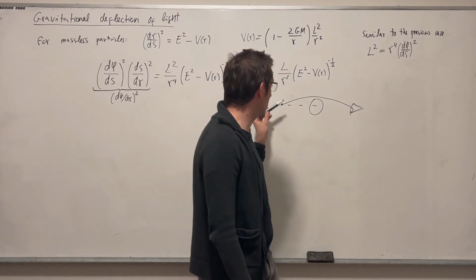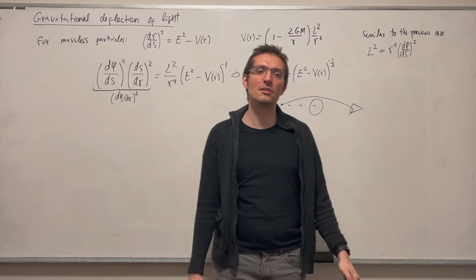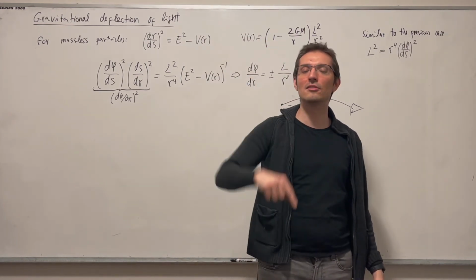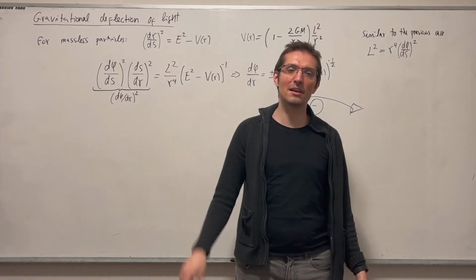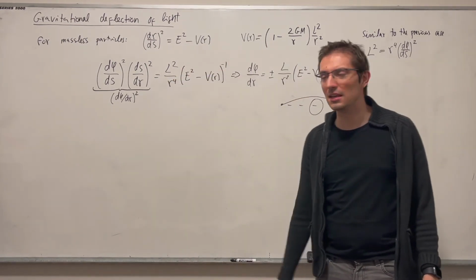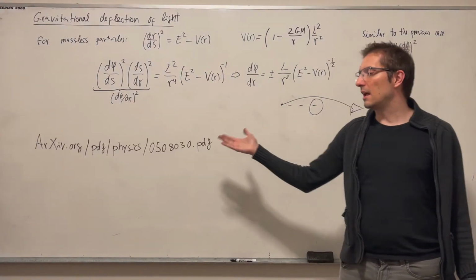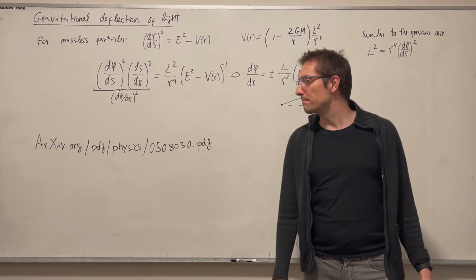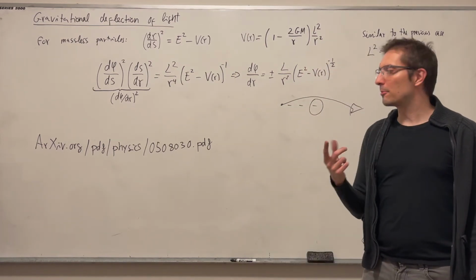So therefore, how can it be curved if it's not relativity? No, Newtonian gravity does predict that light gets deflected with a scattering angle. Light changes angle when it's deflected by a gravitational field. If you want to see a calculation with Newtonian gravity, you can check this reference that I will of course also link in the comment of the video. All right? Okay, now back to our problem.